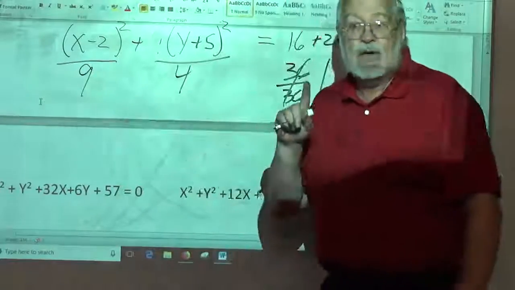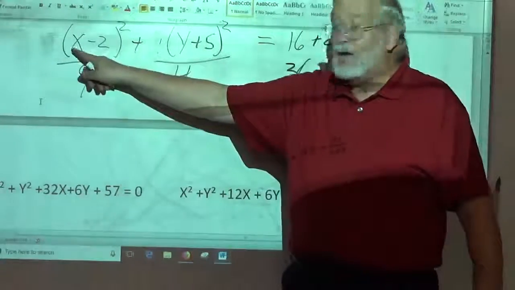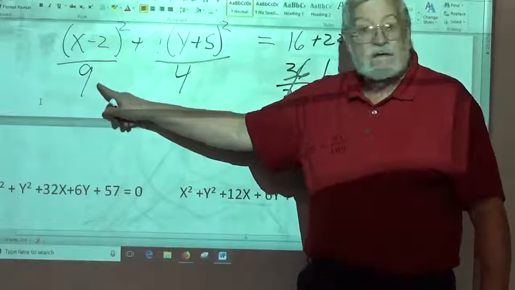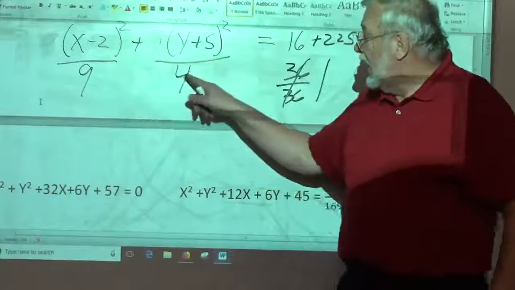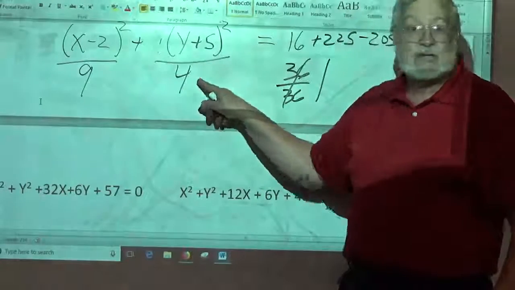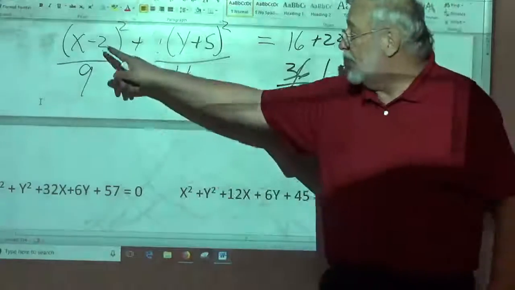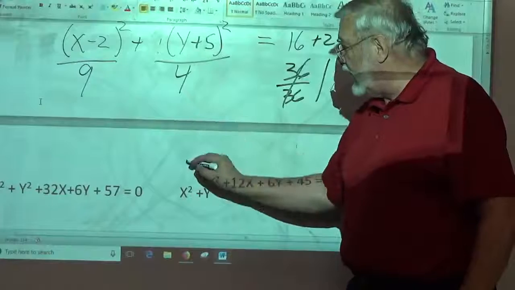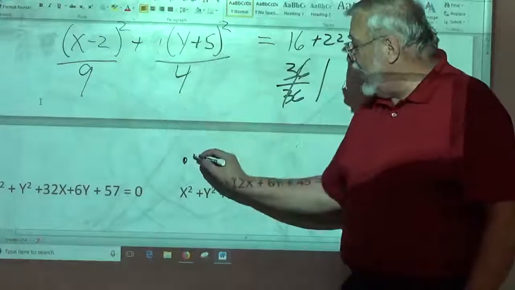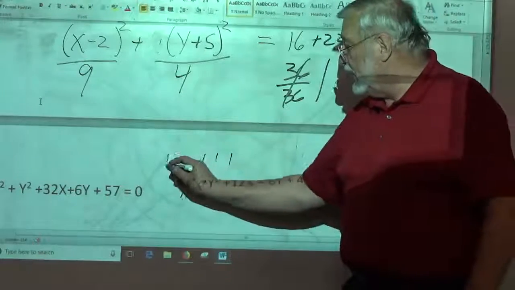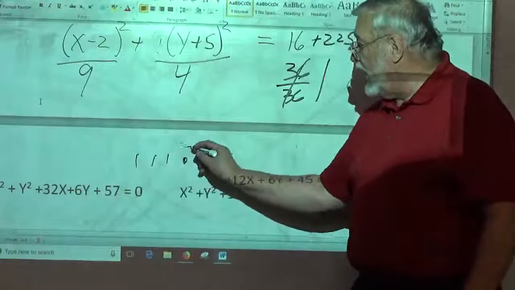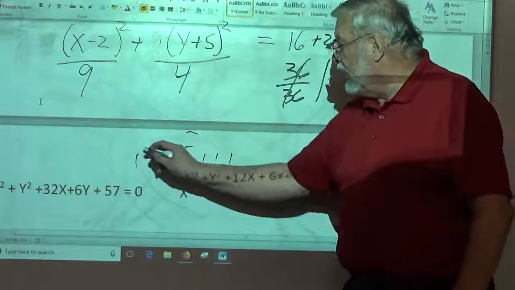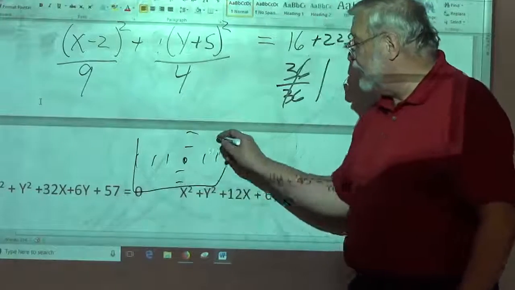Now, what's my rectangle? My rectangle has an x of 3 in each direction and a y of 2 in each direction from what center point? 2, negative 5. So I go 2, negative 5, and then in the x direction I'm going to go 3, and in the y direction I'm going to go 2, and I'm going to make my box.